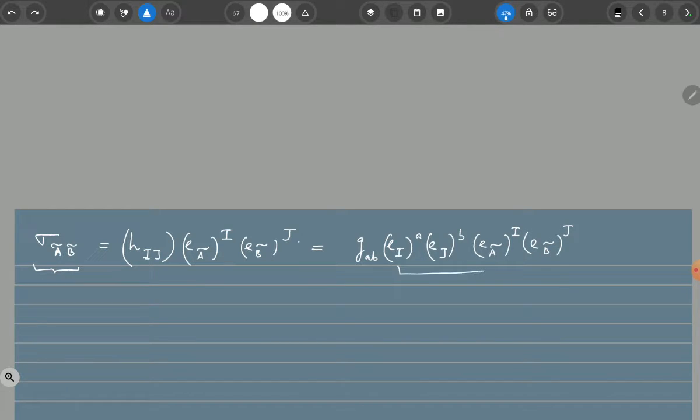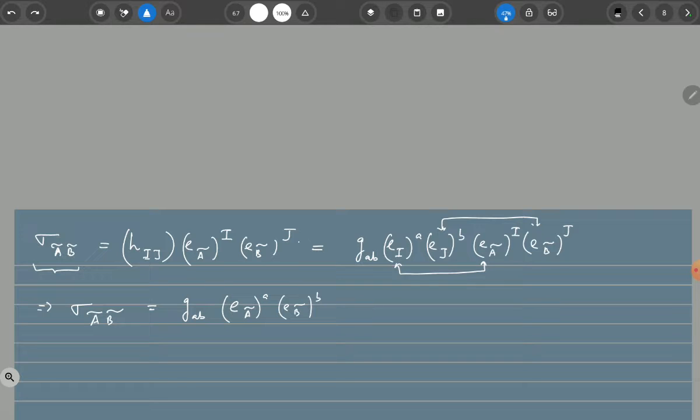Let us combine these. So what we have is sigma_ãb̃ equals g_ab e_ã^a e_b̃^b. Good.